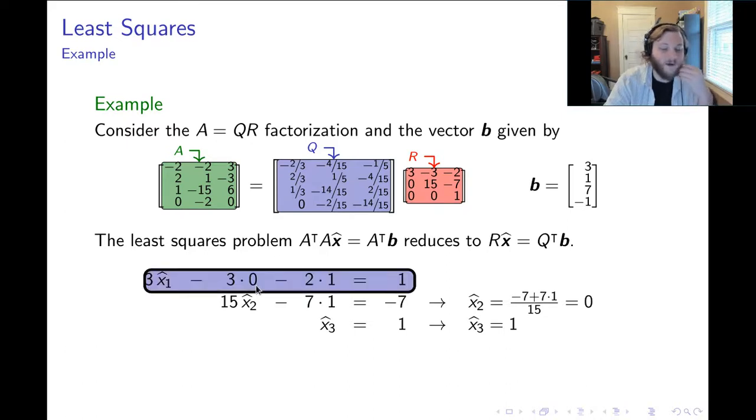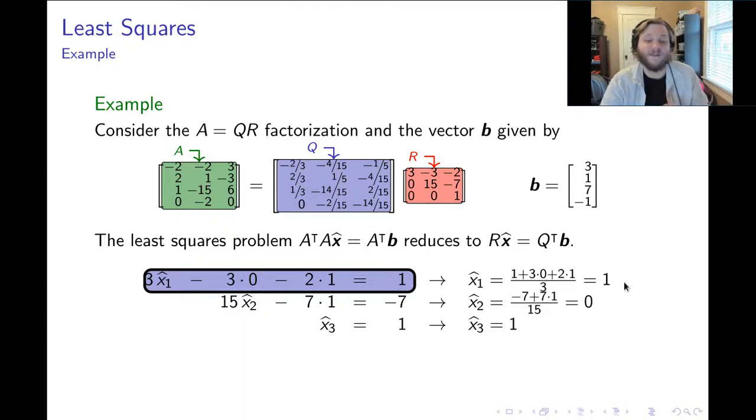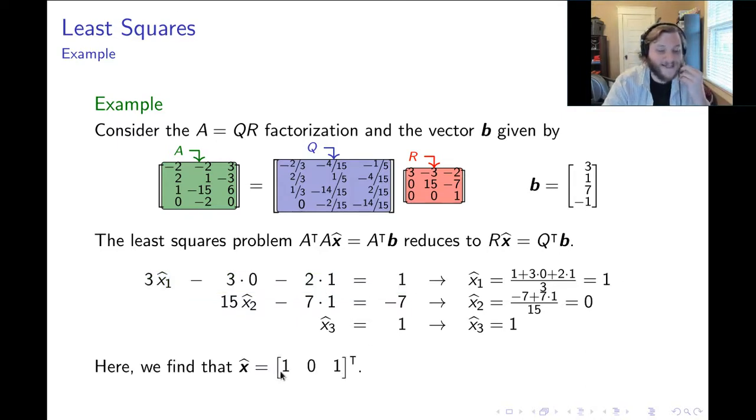Now I can go to the first equation and solve for x1 hat. When I solve for x1 hat here, I end up getting 1, and that gives me the least squares solution. This automatically tells me now that x hat is equal to (1, 0, 1). And I haven't had to do a single row reduction throughout this entire process. So because someone is giving me a QR factorization here, they're making my life a lot easier when I study the least squares problem.